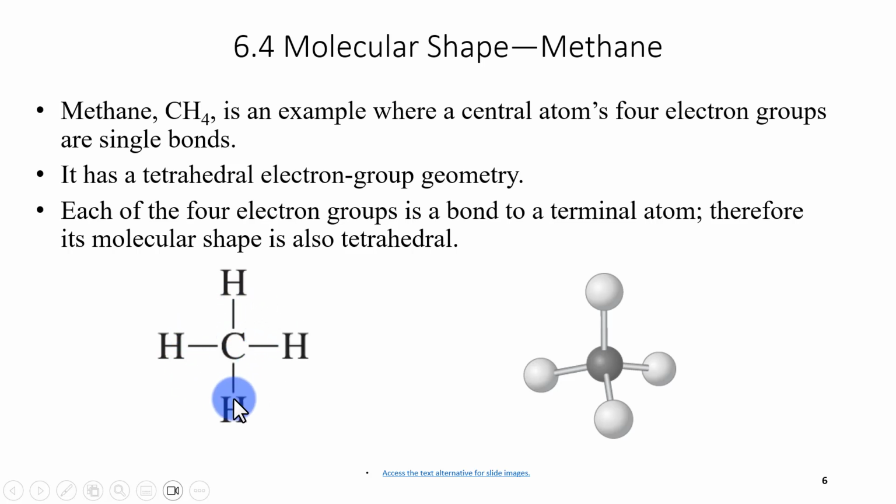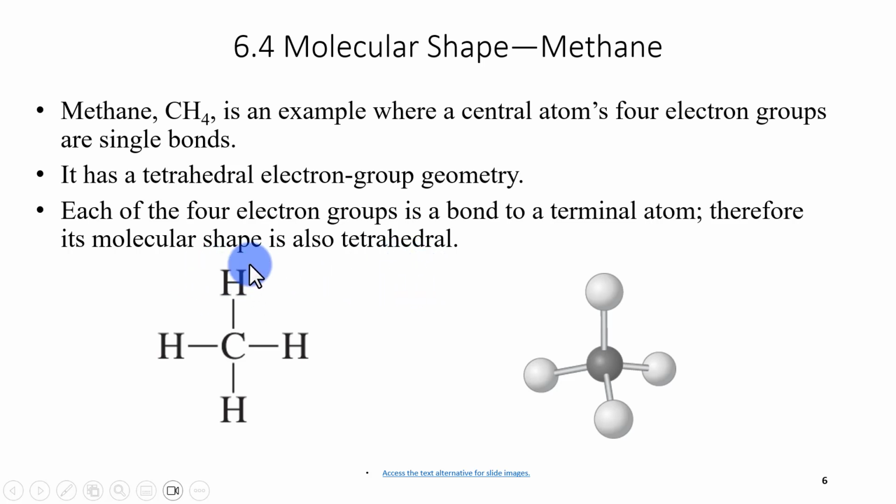So if I have 4 electron groups and 4 atoms, the electron group geometry will match the molecular shape, and it will be tetrahedral.